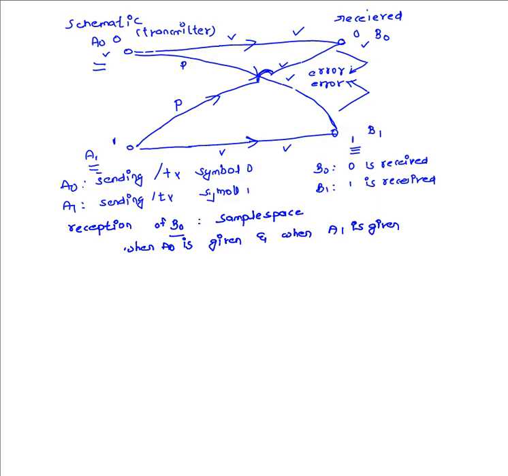So reception of B0 could happen when A0 happened, and also it could happen when A1 happened. So the probability of B0 can be written as P of B0 given A0 plus P of B0 given A1.